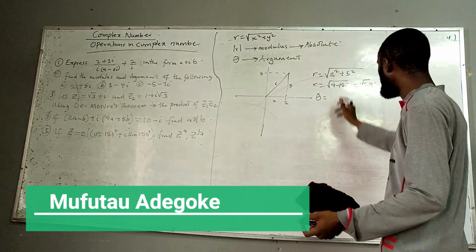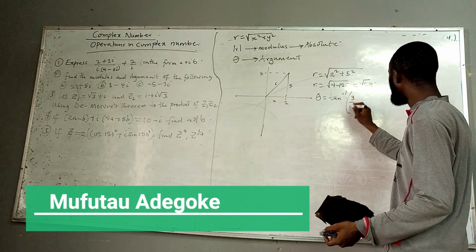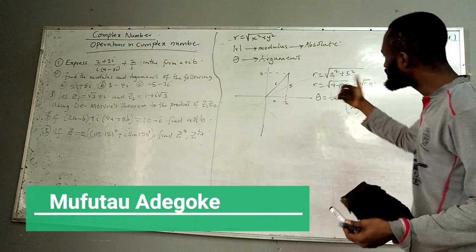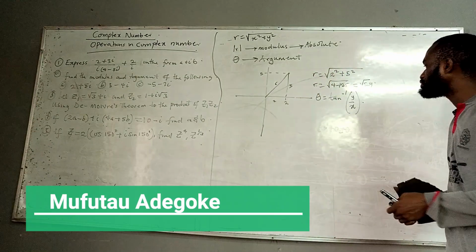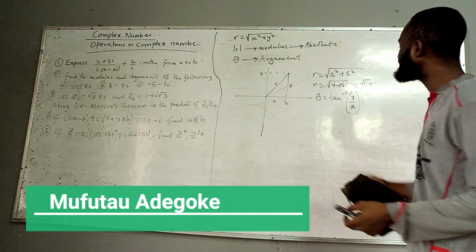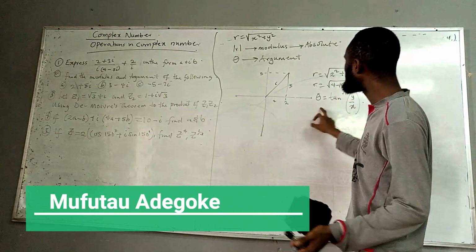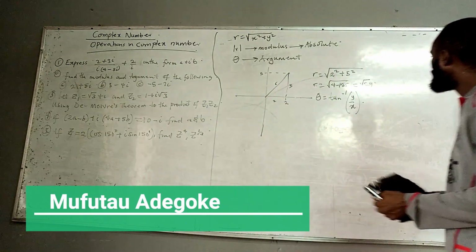I will have tan inverse of y divided by x. As I said, I must consider the quadrant that my x and y fall into. Since both are positive, the value of my theta will be between 0 and 90 degrees. Then how am I going to get that?